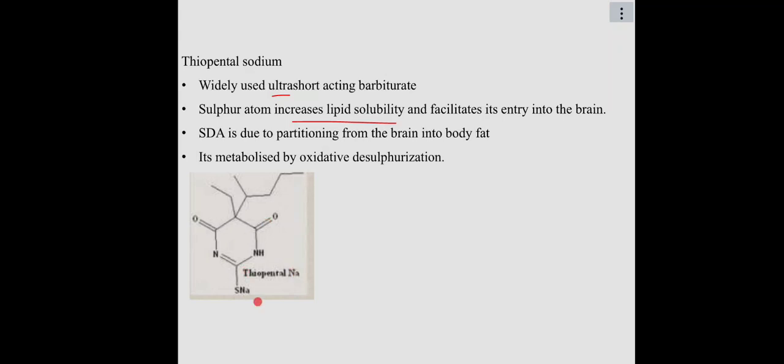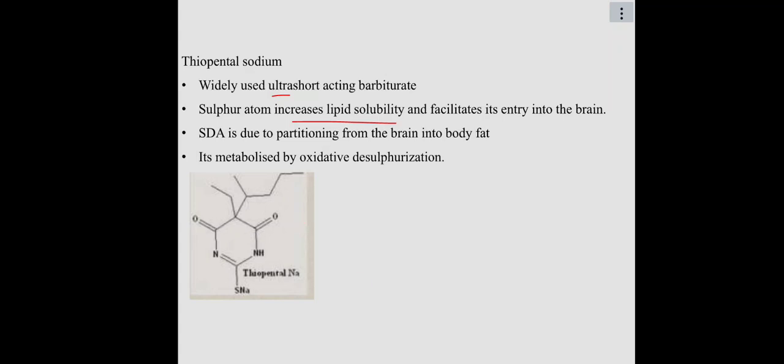So that is our thiopental sodium. Go back to what you did for its SAR. Check the SAR of this particular barbiturate, not of the barbiturates as a whole, because you have studied it, and you can reproduce that SAR here for its activity.